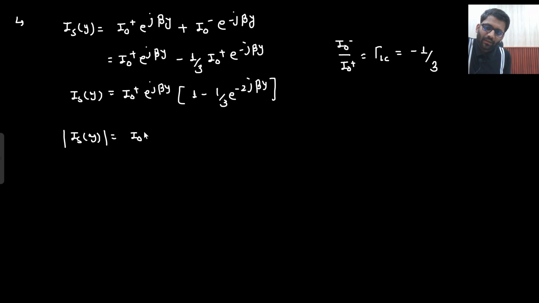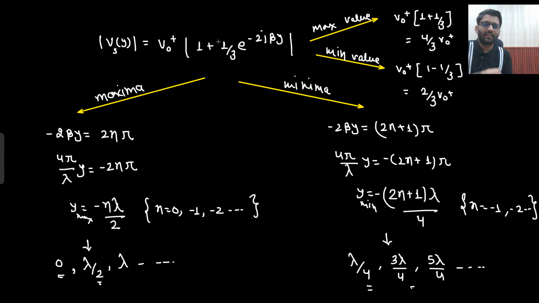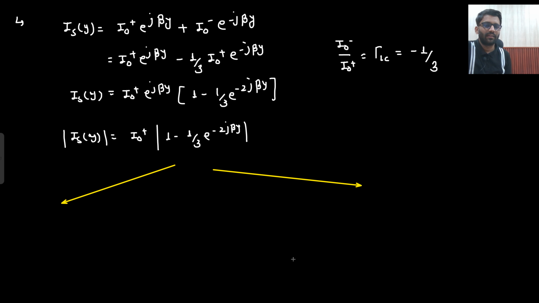That would be I naught plus and the magnitude of 1 minus 1 by 3 e to the power minus 2j beta y. From here if I ask maxima and minima, you can directly see here it was a plus sign, but here it is a minus sign. So you can directly see whatever the condition was for maxima will become the condition for minima, and whatever the condition was for minima will become the condition for maxima.